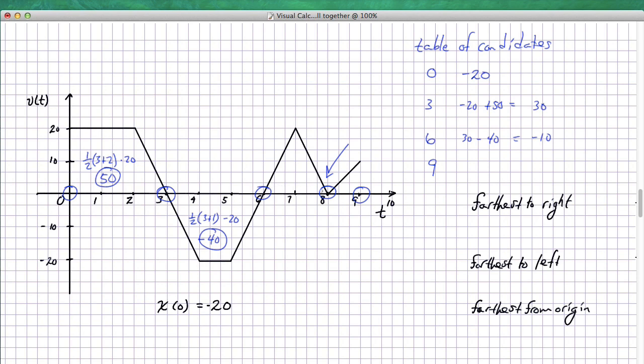Now we've got to go from 6 to 8. And we've got a triangle here, 1/2, 2 times 20 is itself 20.